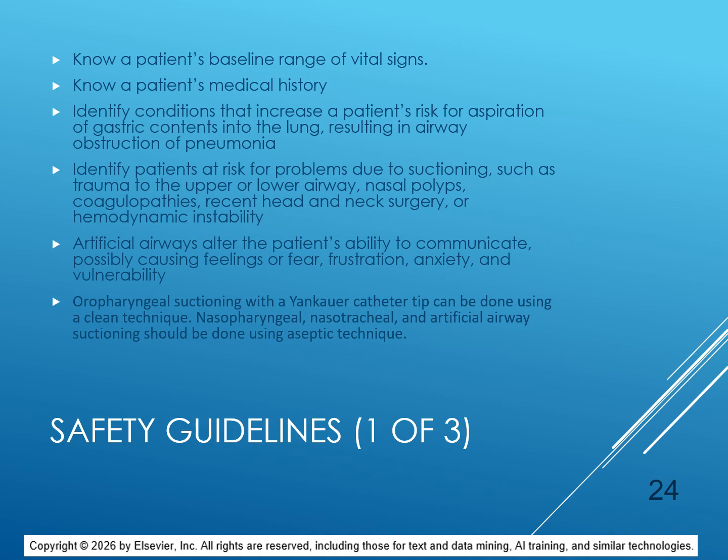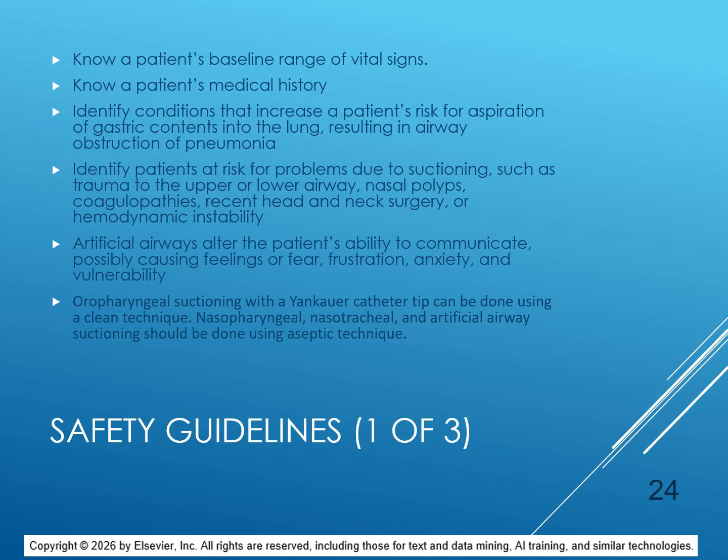You need to identify conditions that increase a patient's risk for aspiration of gastric contents into the lungs, resulting in airway obstruction and pneumonia. You need to be able to identify patients at risk for problems due to suctioning, such as trauma to the upper and lower airway, nasal polyps, coagulopathies, recent head and neck surgery, or hemodynamic instability.